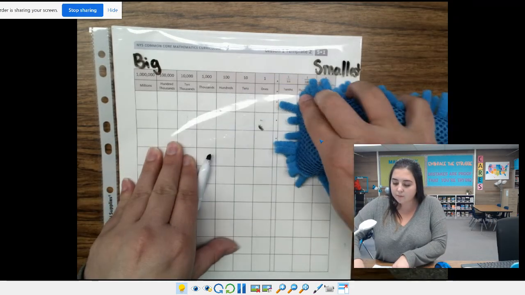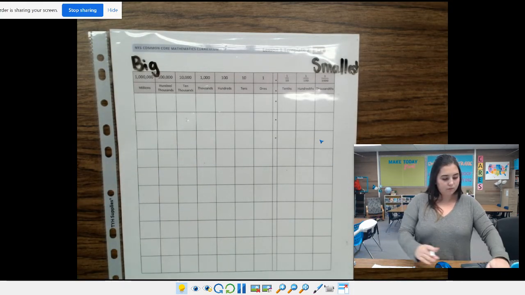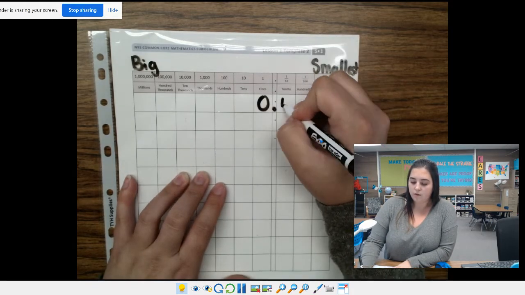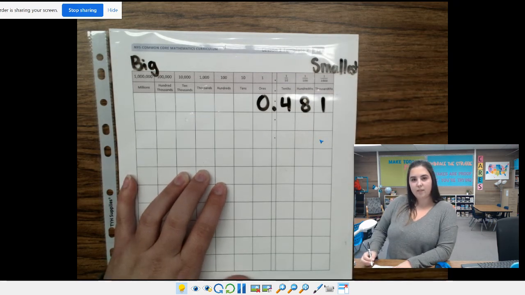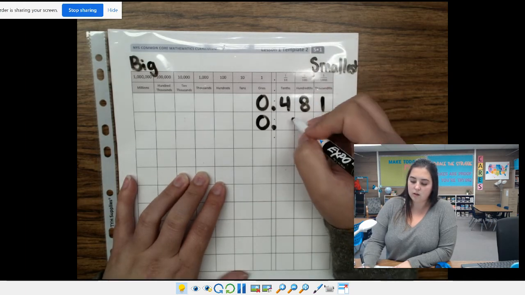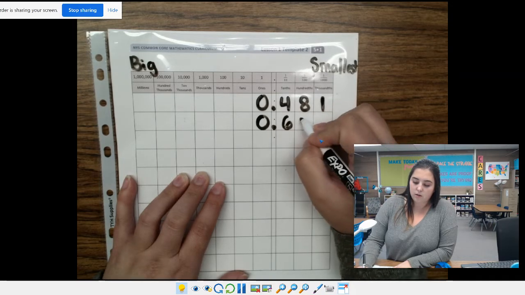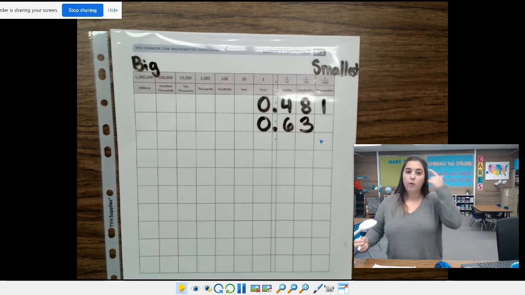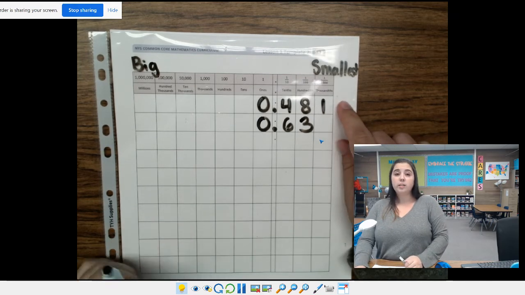Let's try another one. How about 0.481? Write it down. And 0.63. There we go. When I look at this, I'm noticing that the top one has more digits to it.